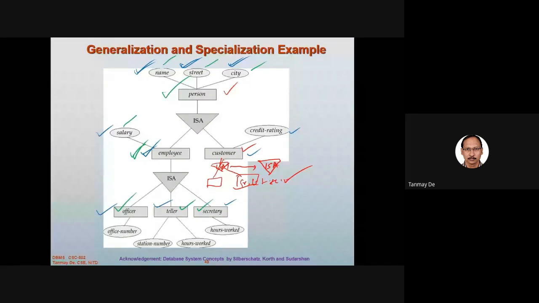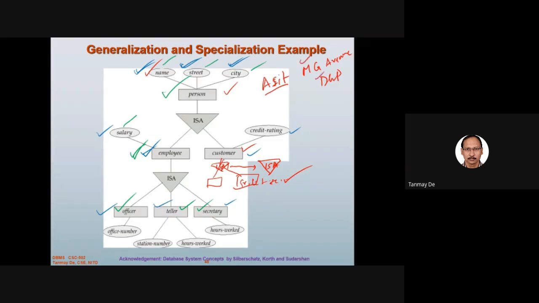There may be a particular person whose name is, say, Osit, street is, say, NG Avenue, and city is Durgapur.